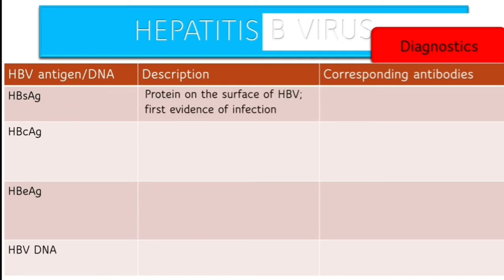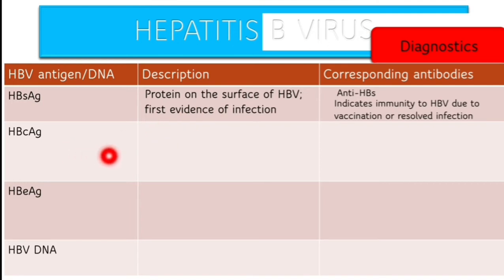This is a protein on the surface of HBV, and it marks the first evidence of infection. Our bodies are able to produce anti-HBV surface antigen antibodies, and these antibodies indicate immunity to HBV due to vaccination or resolved infection.